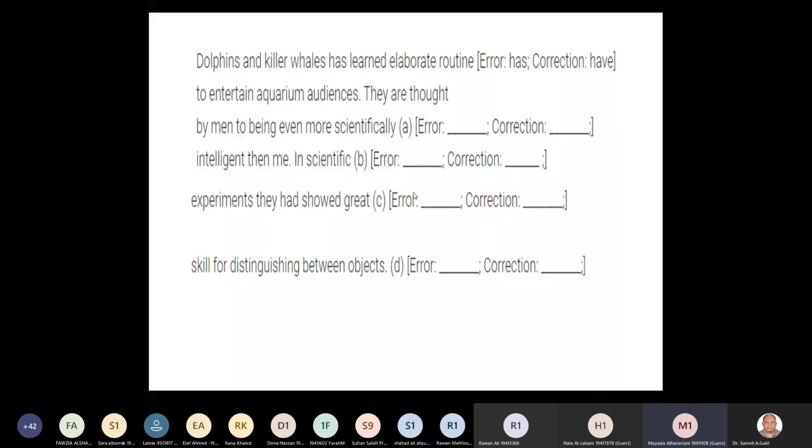Skill for, not for, to distinguish. A great skill. I mean, for is fine, if you ask me. Doctor, I think it should be in instead of for. Great skills in distinguishing between objects.